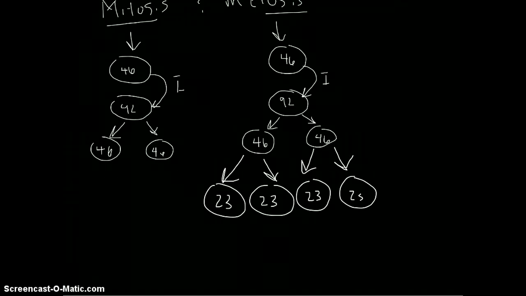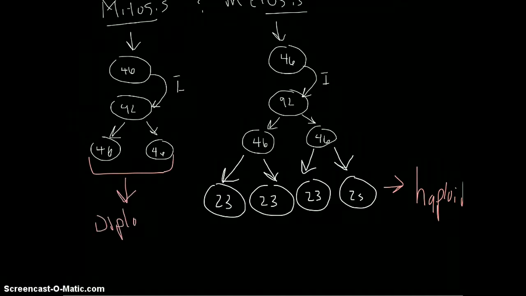These cells here are now considered haploid. These cells are considered having the full set, diploid. So we're going to get a little bit into the basics behind each one of those from here on.